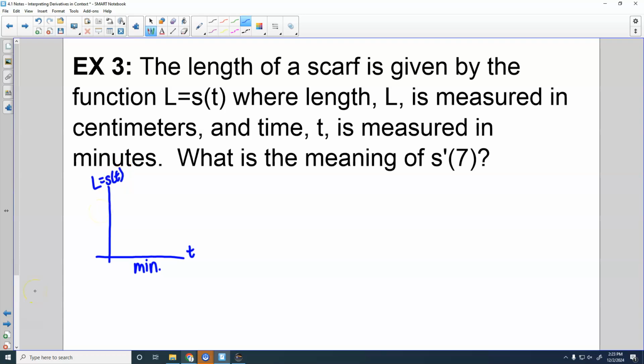Length, and what's it measured in? Centimeters. I think the units help answer this question because they're asking for S prime of 7. So the units would be centimeters per minute. So what is that telling you about this situation?